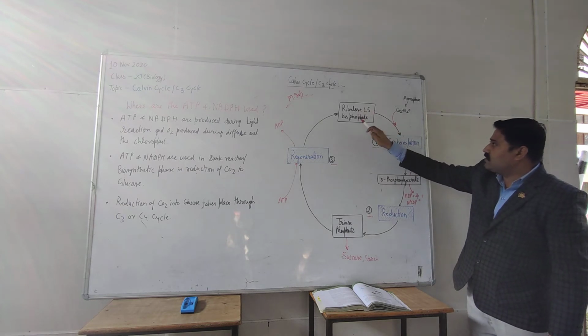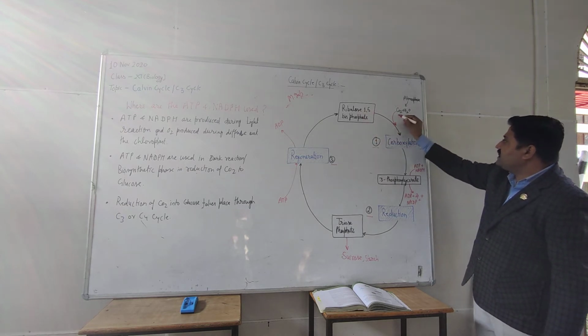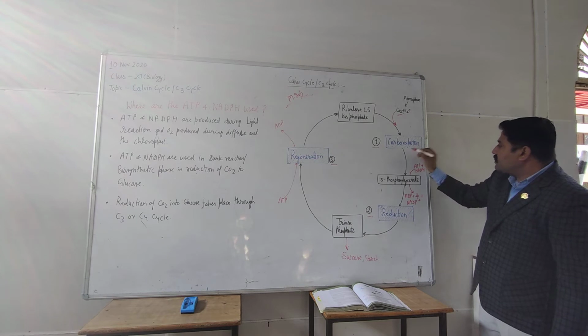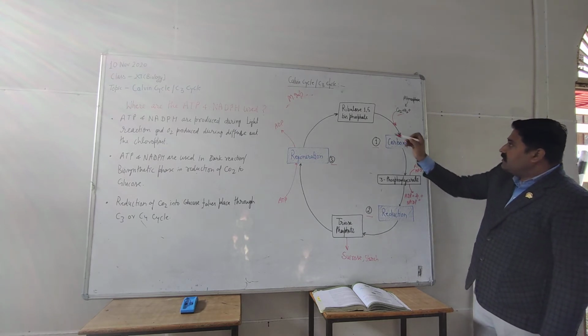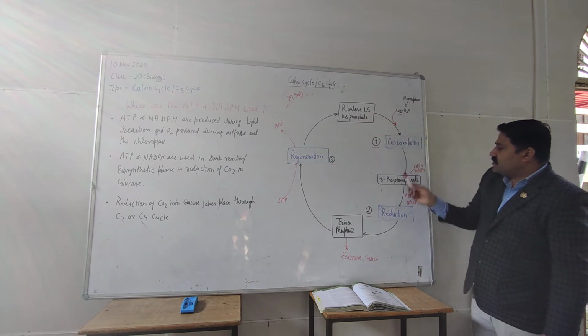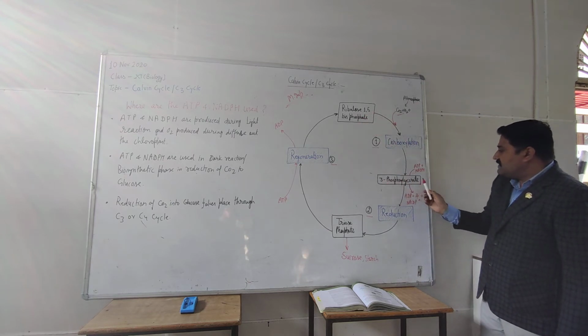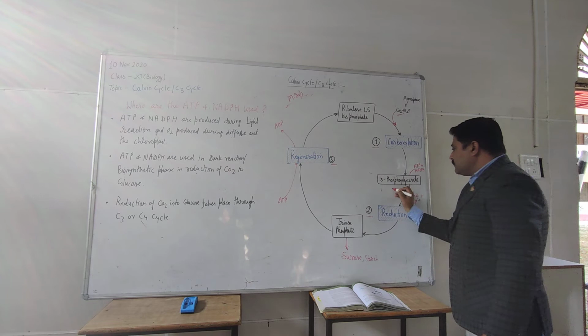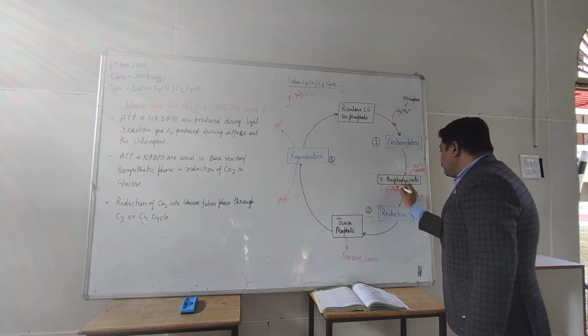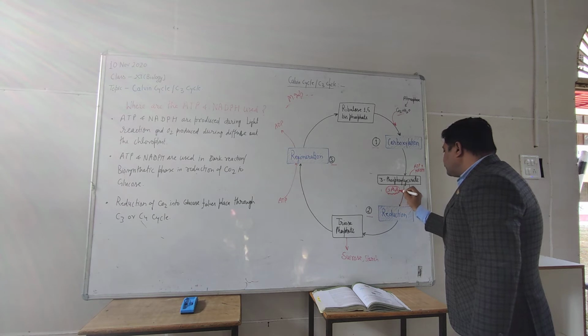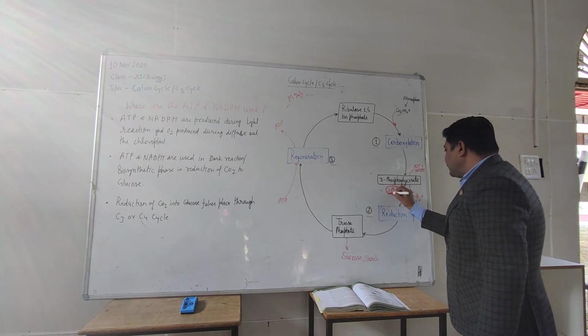So when this ribulose 1,5-bisphosphate receives CO2, carboxylation takes place and it changes the ribulose 1,5-bisphosphate into 3-phosphoglycerate, 3-PGA. This 3-PGA is the first stable compound of the C-3 cycle.